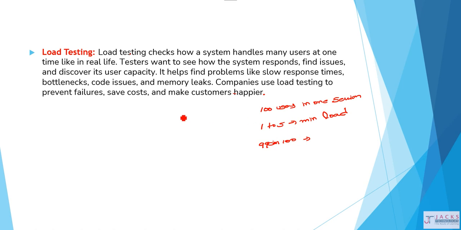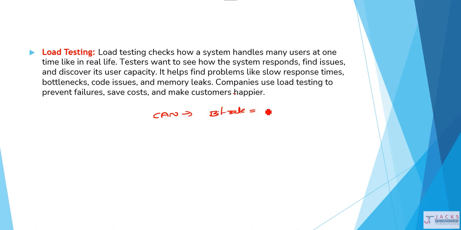When it comes to an automotive example, guys, normally we use CAN protocol to communicate between the ECUs, right? So in CAN protocol, what is the bit rate? In real time, we use 500 kbps, correct? Okay, guys, for load testing, this is an automotive example.